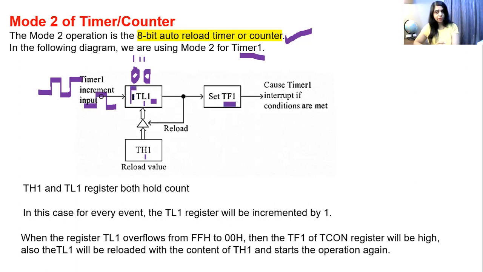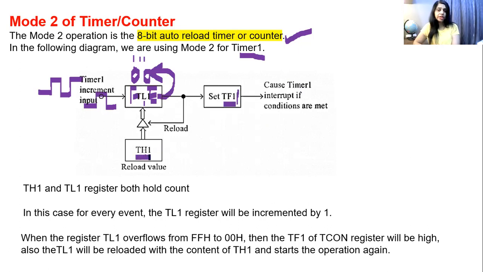At one instant it will become FF, then it will overflow and again become 00. This activity is known as overflow, and it will set timer flag 1 of the TCON register, and that will generate an interrupt.